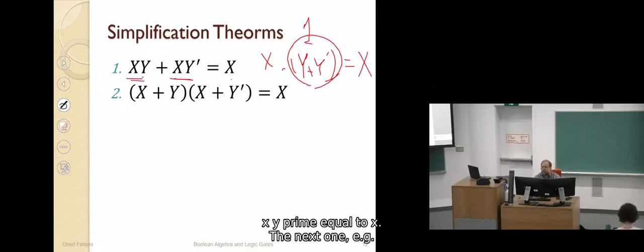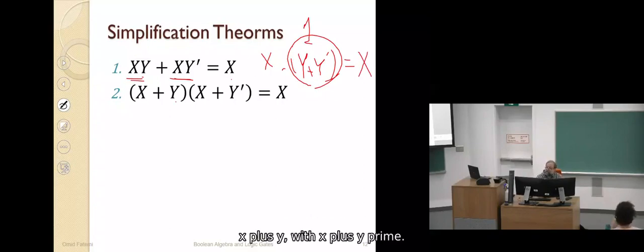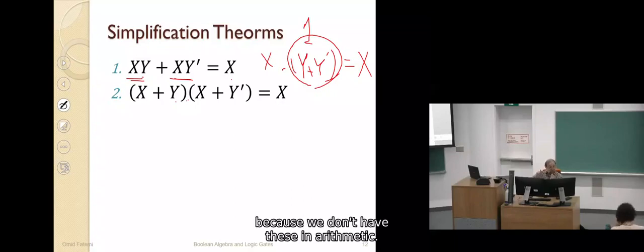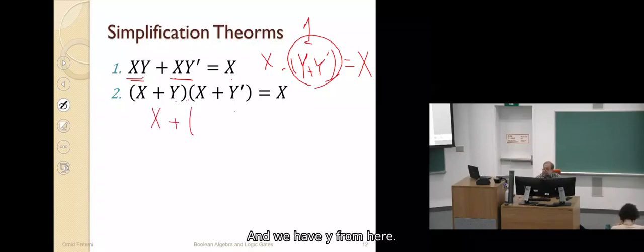The next one, for example, x plus y AND with x plus y prime. Again, distributive property. You might not be familiar with that because we don't have this in arithmetic. So it becomes x plus, and we have y from here, we have y prime from here, and we have the dot from here.